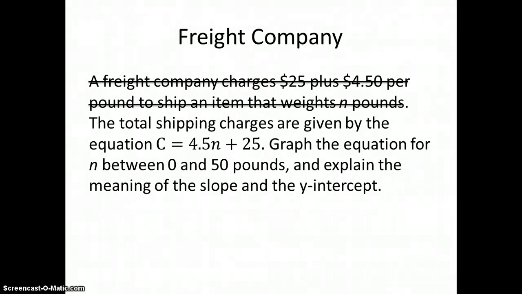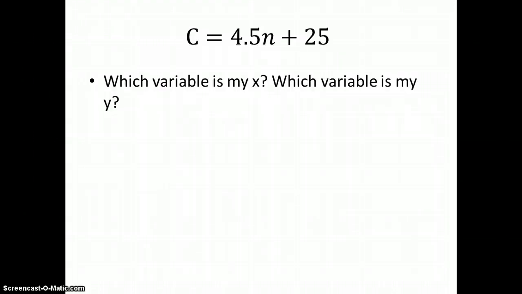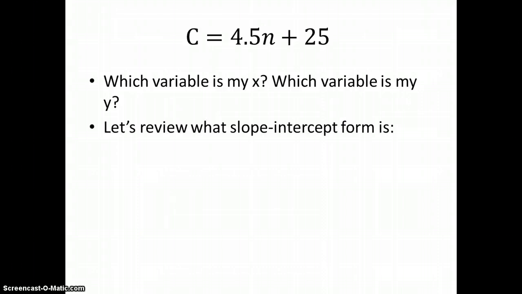Now we're left with the equation C equals 4.5 N plus 25. And they want us to graph it. But before we can graph it, we need to know which variable is our x and which variable is our y. Is the C the x or is the C the y? Well, before we can decide that, let's review slope-intercept form.